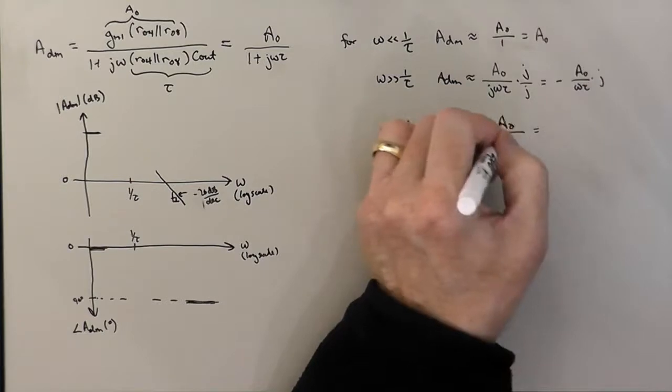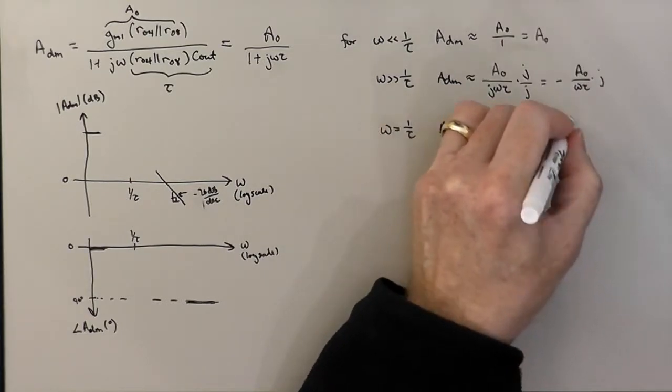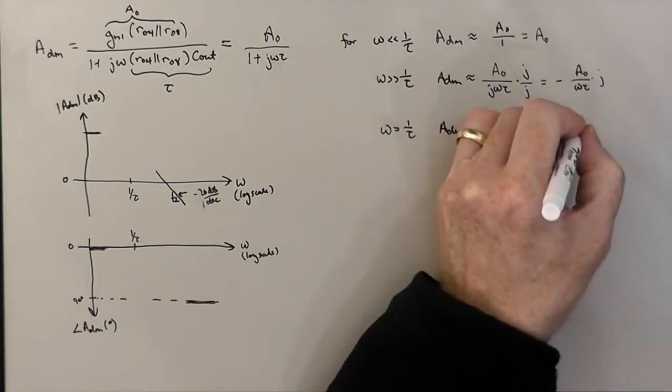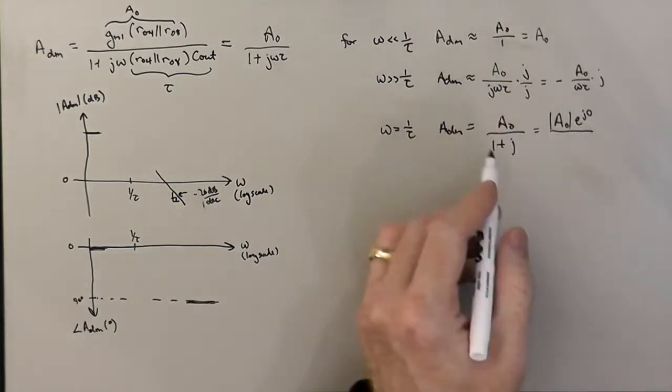We can write these two numbers in polar form, if we like, as the magnitude of A0 times e to the j0 divided by, well, 1 plus j.